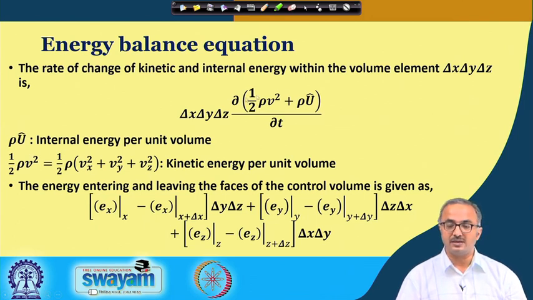And here this rho u cap shows the internal energy per unit volume, and this other term shows the kinetic energy per unit volume of the system. And here we are writing all sorts of energies which are entering or leaving the system. Now please understand, here by E, I will show you later what this E constitutes.